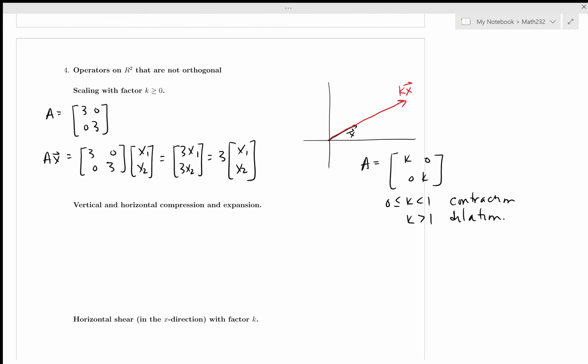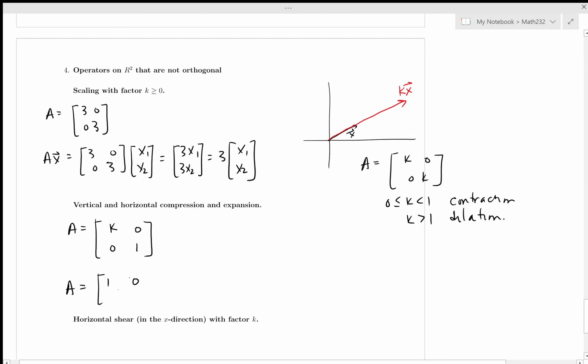Then we have the idea of a vertical or horizontal compression and expansion. So we have two possibilities here. We have a matrix that looks like this, or possibly a matrix that looks like this. Okay, k is some number bigger than 0 and not equal to 1. So we have here horizontal compression, that is x changes by a constant factor and y stays unchanged.